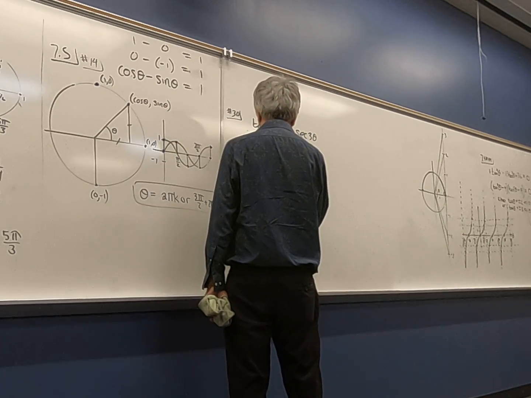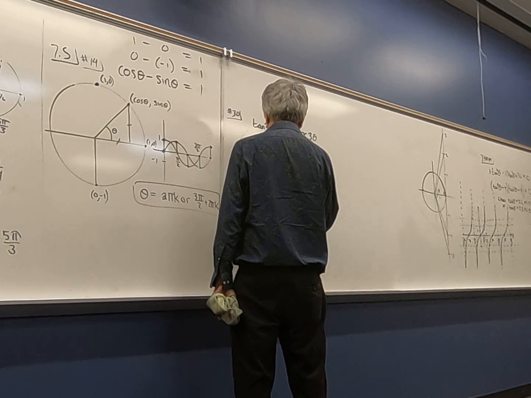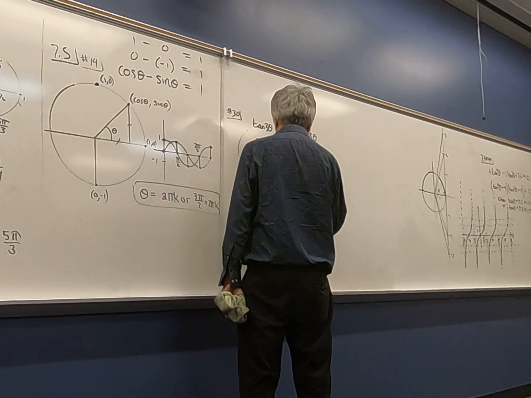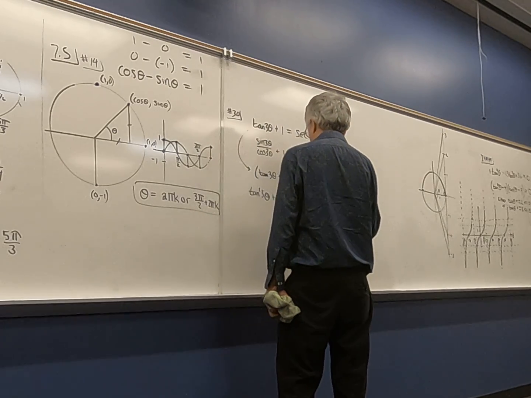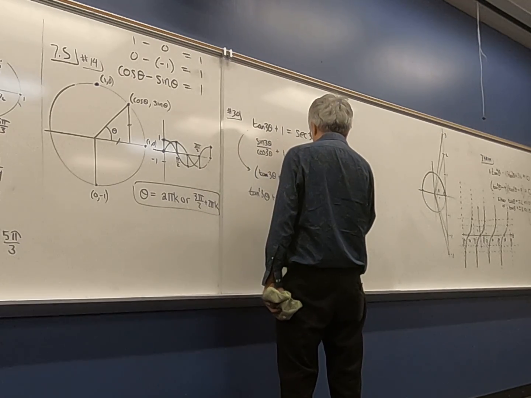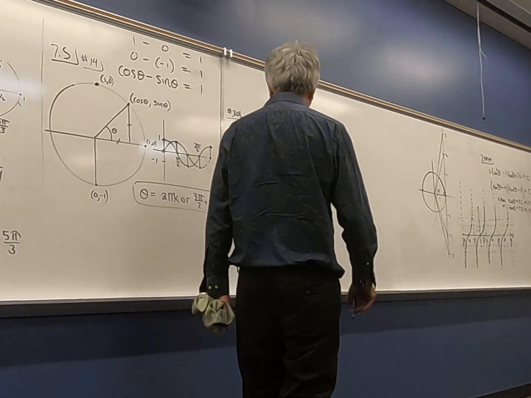Tan squared 3 theta plus 2 tan 3 theta plus 1 is equal to secant squared 3 theta. Can I write this in terms of one trig function now?